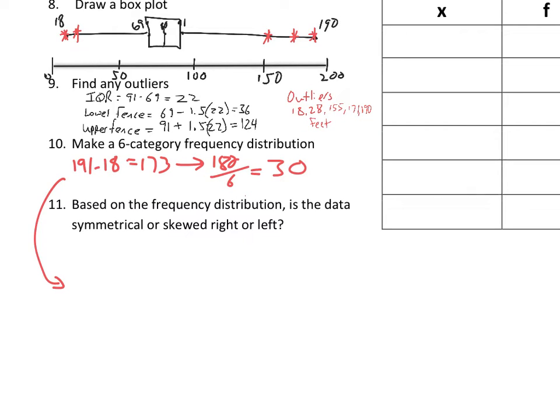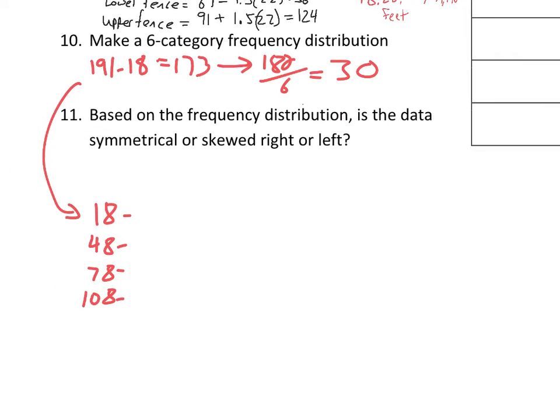So if we start at 18, then our next one will be 48, and our next one will be 78, then 108. I'm just adding 30 every time. You see that? And that's 6 categories.